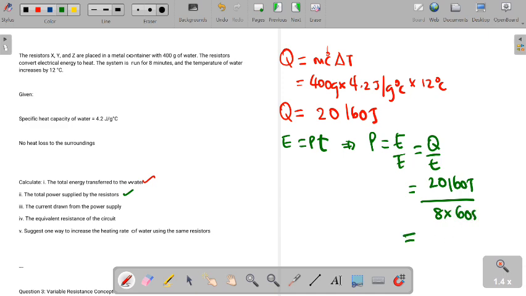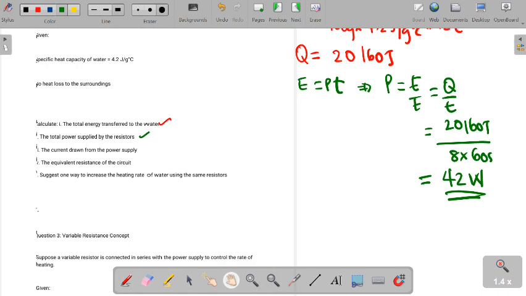When we do the calculation, it will be 2160 divided by the multiplication of 8 times 60. It gives us 42 watts. This right here is the power.